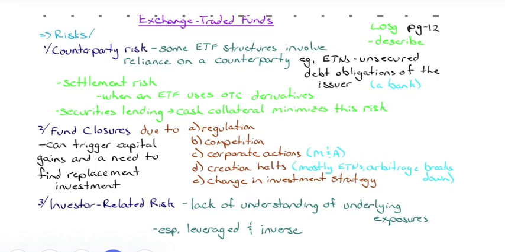Number one, counterparty risk. Some ETF structures involve reliance on a counterparty. ETNs, exchange-traded notes, are a good example of this. An exchange-traded note is an unsecured debt obligation of the issuer, and typically it's a bank. And as a bank wants to add debt onto its balance sheets, it will issue ETNs.